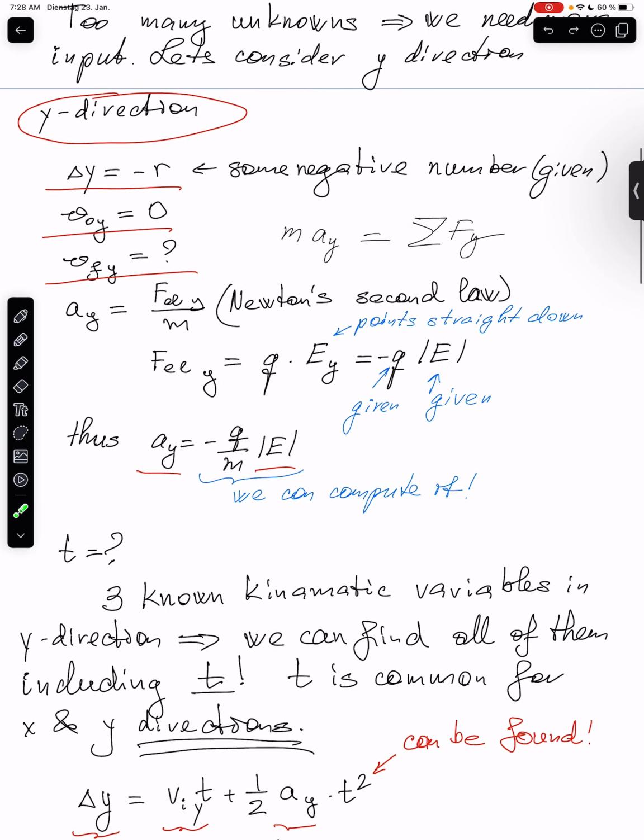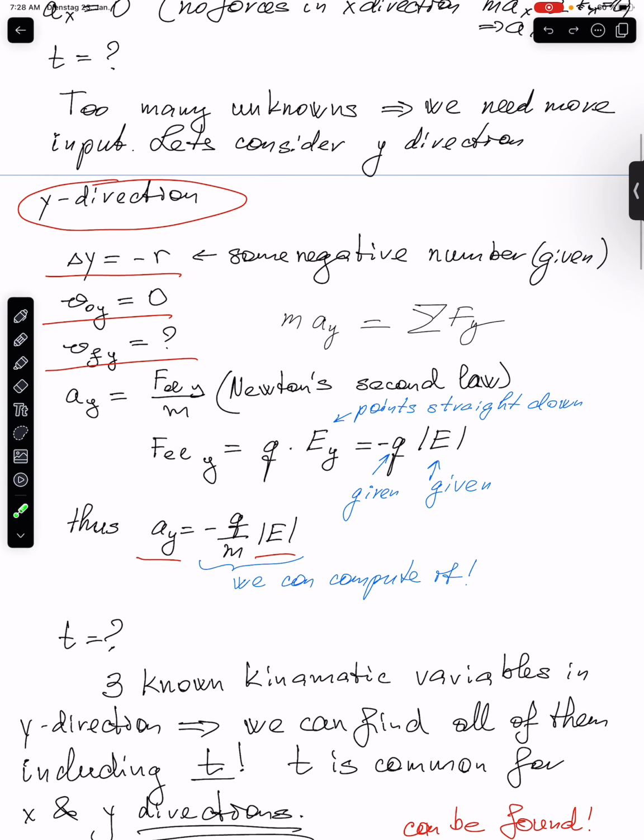Now you need to remember which kinematic equation, I showed it to you accidentally, you have to use to find t for the y part. Here you know delta y, you know initial velocity, you know acceleration, and you want to find t. There is one kinematic equation which bounds all these together, and other unknowns, like for example this one, would not appear.